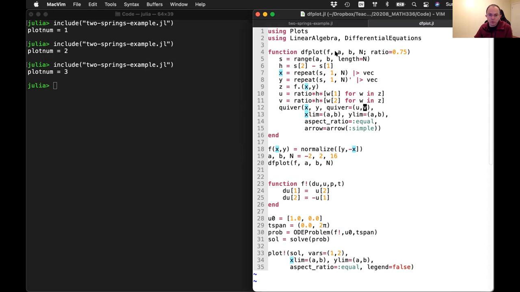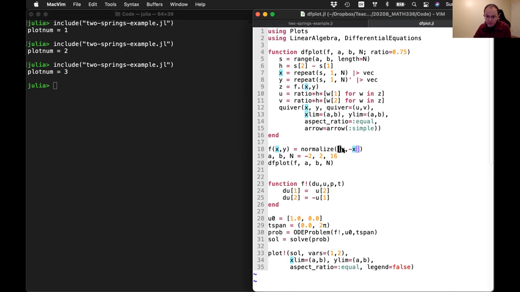And we're also going to plot it from a to b in both x and y, and then we'll use endpoints. We'll plot endpoints, so we can adjust how many arrows we have on our plot. And this ratio is just indicating how long the arrows should be. Okay, so I already have our differential equation entered here.